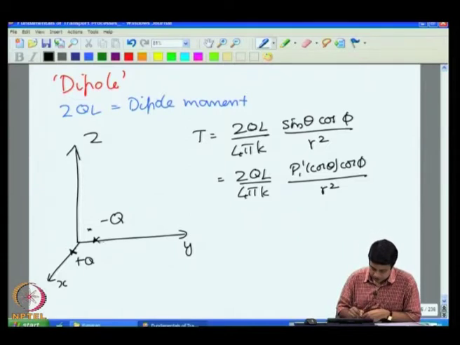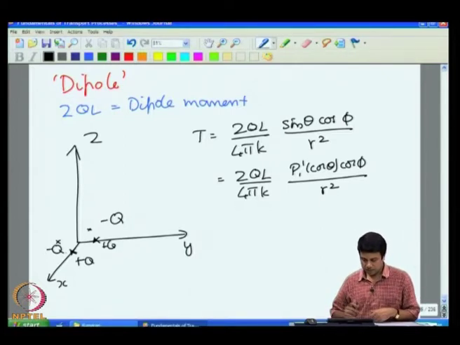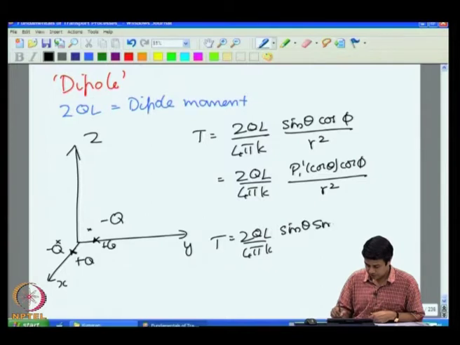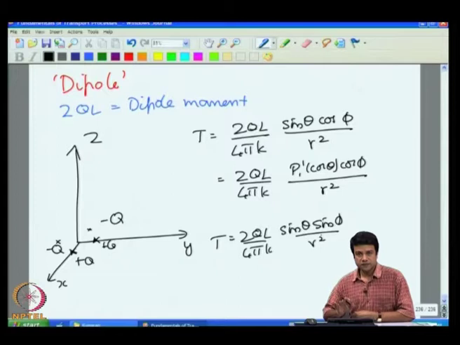And the final one, for n is equal to 1 and m is equal to minus 1, the temperature field in that case is equal to 2qL by 4 pi k sin theta sin phi by r square. Okay. So, this gives you the physical interpretation of the terms for n is equal to 1 in the spherical harmonic expansion.